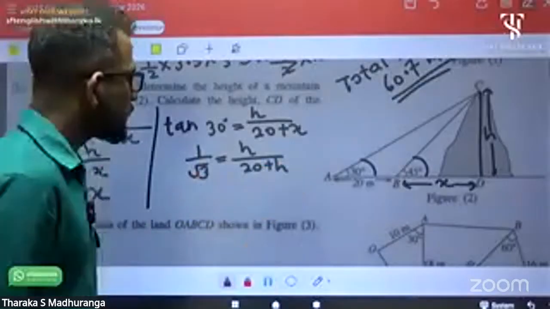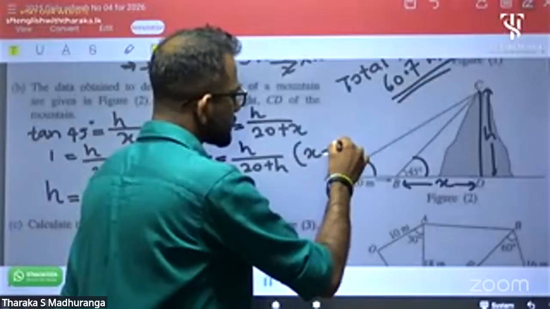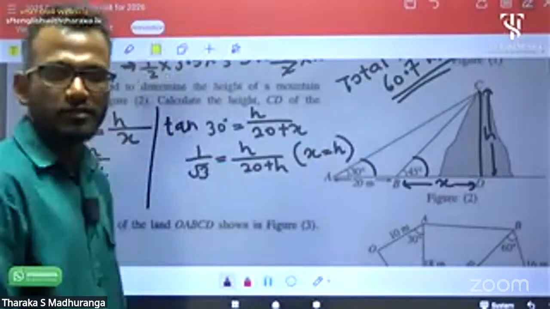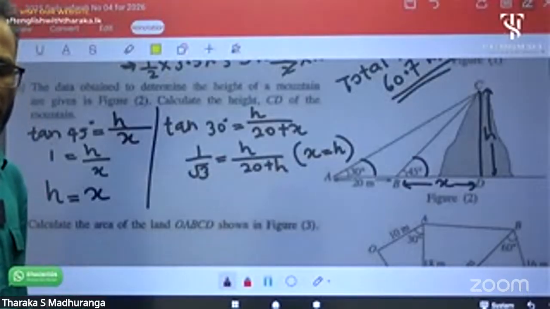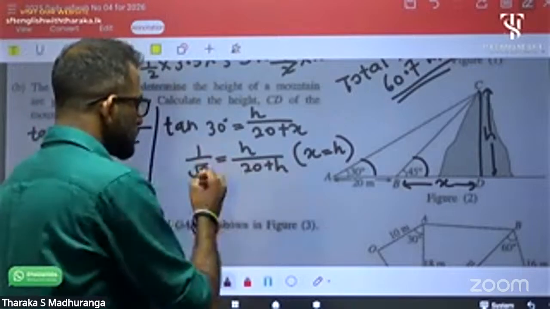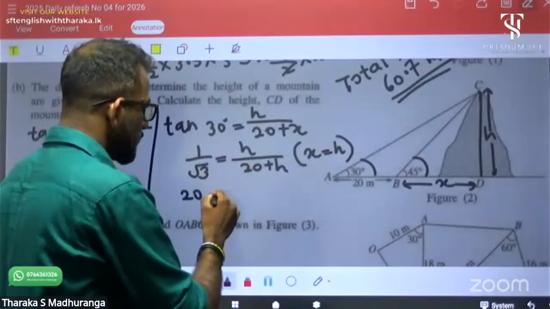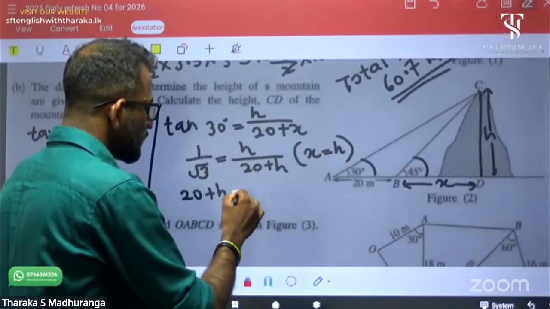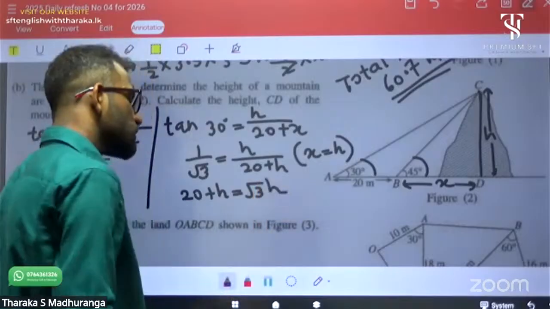That's the reason I change this. Understood? x equals h. Okay, now cross multiplication. 20 plus h, no change, multiplied by 1, equals root 3 h.